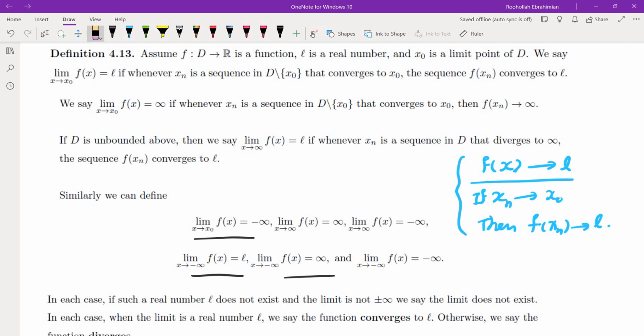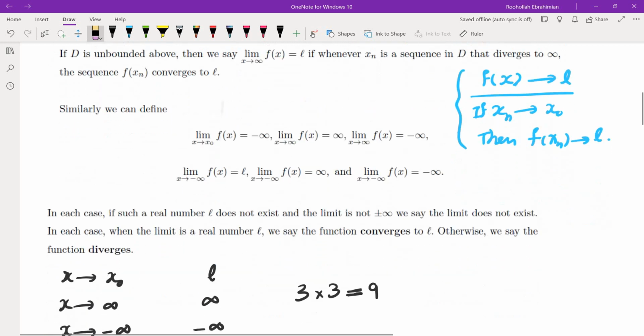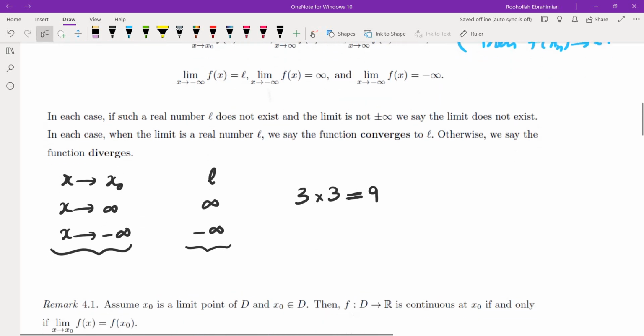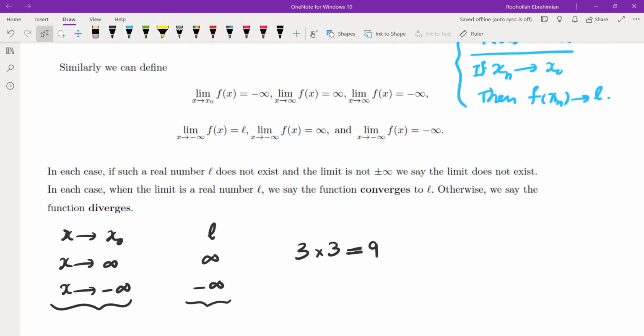Okay, so let's now go ahead and look at a couple of remarks. But before that, if there is no real number L, and infinity and negative infinity also do not work for these, then we say the limit does not exist.